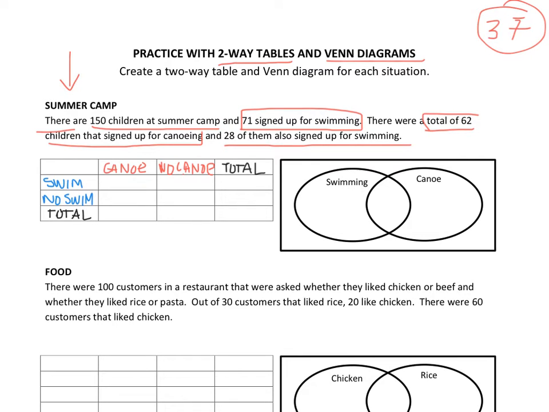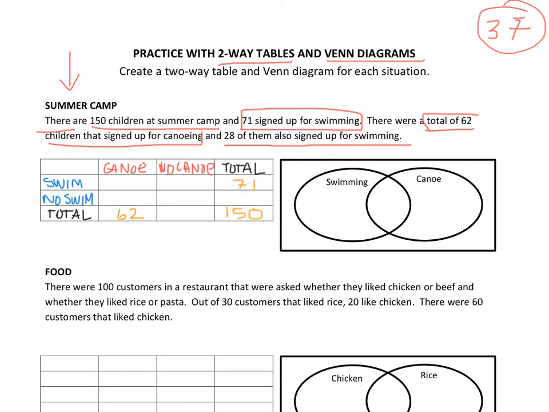That's the total of all the kids. Now they also said 71 kids signed up for swimming, all of them. That means the total for swimming is 71. Then the total for canoeing is 62.